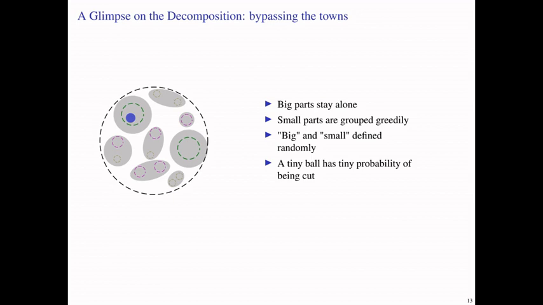So it cannot be cut there. It can be cut only among small parts. And in that case, the greedy grouping ensures that the ball is cut with only a tiny probability, because the randomness could have been chosen such that the radius is slightly bigger and the ball could have been included into the part entirely.